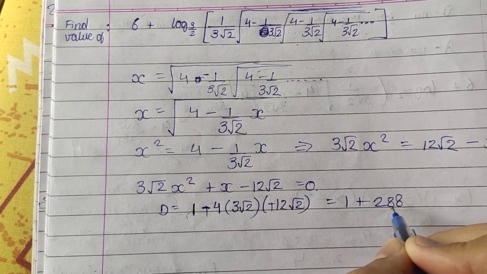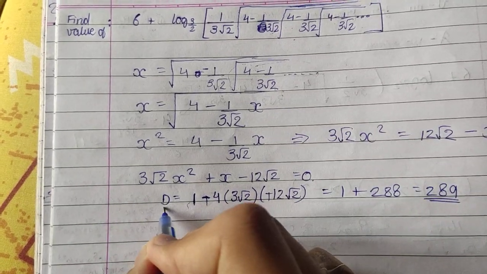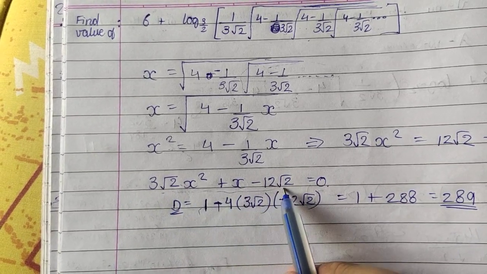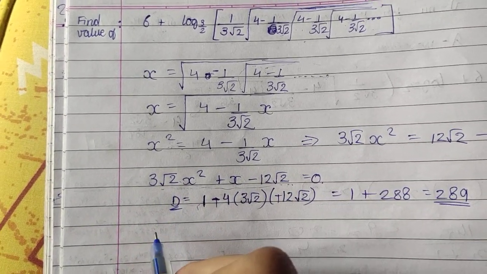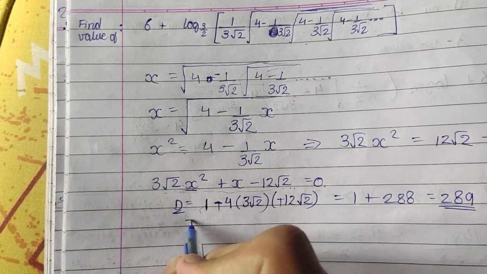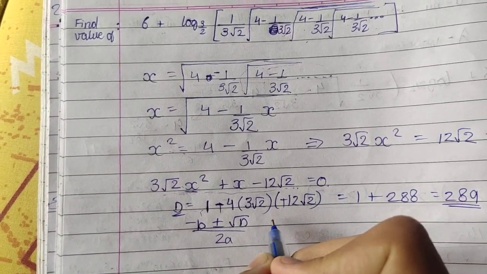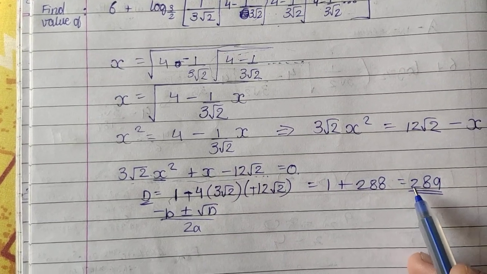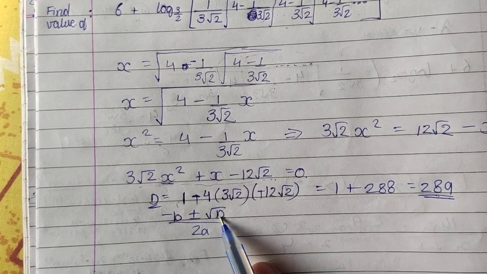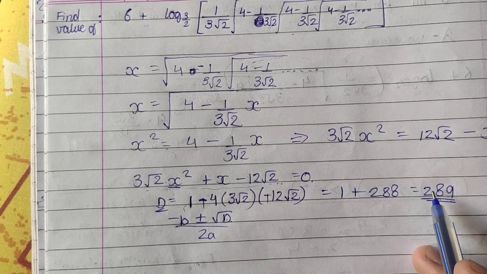Okay, 288, plus 1 equals 289, which is the discriminant of this equation for x. Now we will find the roots, the values for x. So it is minus b plus minus root d by 2a. And one good thing for us is that 289 is a perfect square number, so this will become 17, plus minus 17.